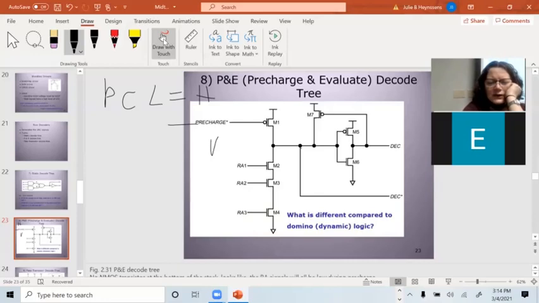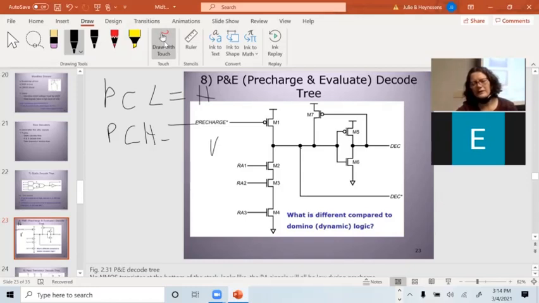If pre-charge is high, then it's going to evaluate based upon RA1, RA2, and RA3. It's domino logic, or dynamic logic. If you saw that schematic, would you be able to kind of analyze what's going on?